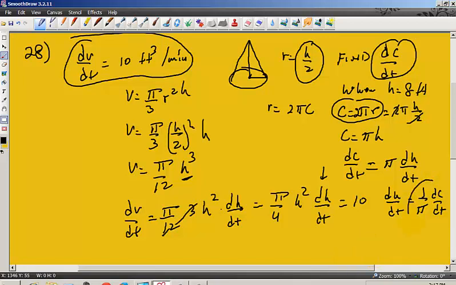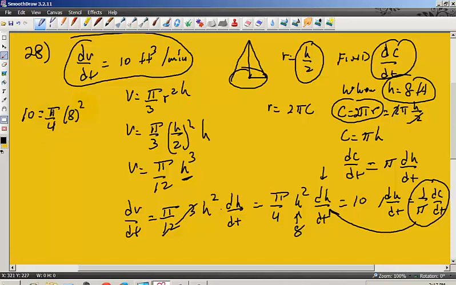Now I can take that and put it right there in terms of dh dt, and I have 8 there for my height. So 10 is equal to pi over 4 times 8 squared, and instead of dh dt, I am writing 1 over pi dc dt.